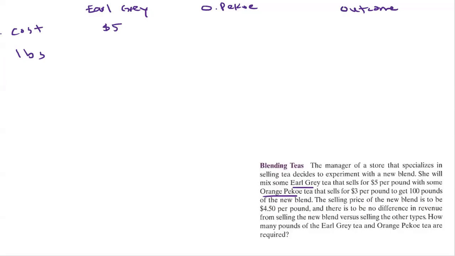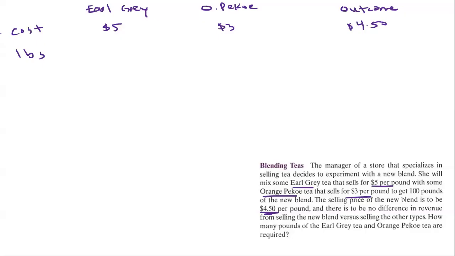What about the orange pekoe? How much is that one? $3. Perfect. Okay, and then what's the outcome? What do they want to sell it for? $5, $3. What's the outcome? $4.50. Perfect. Everybody okay with that? Right? So I have all my costs on one row. Okay. $5, $3, and $4.50.